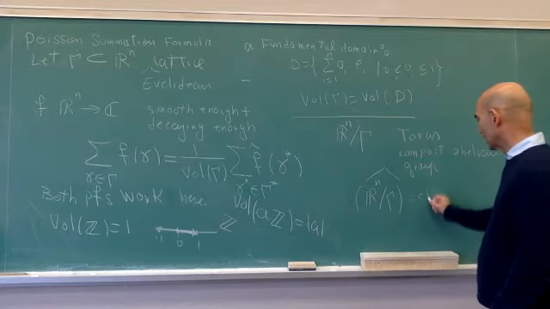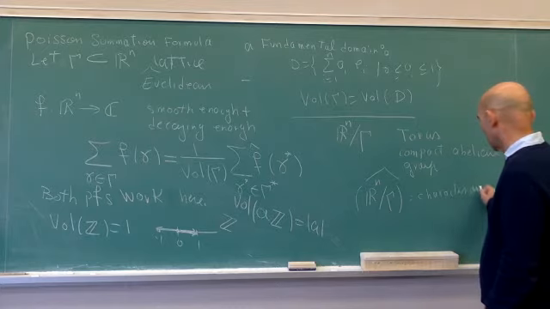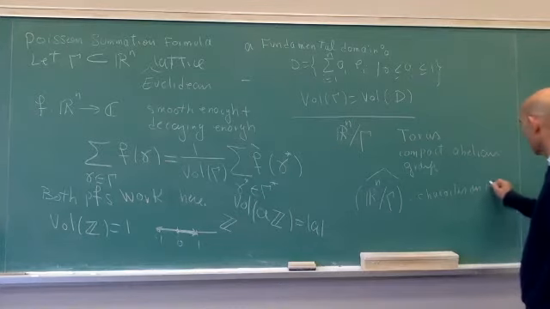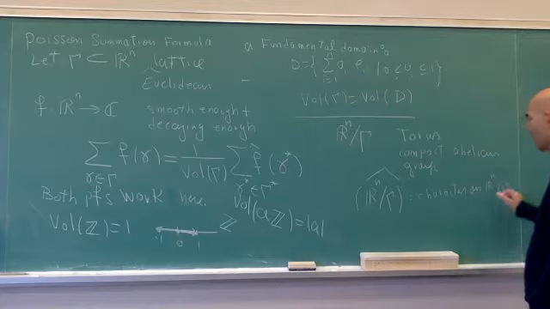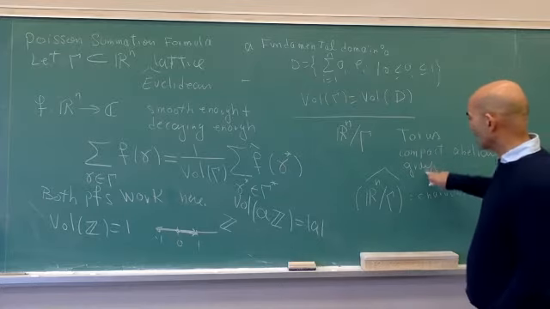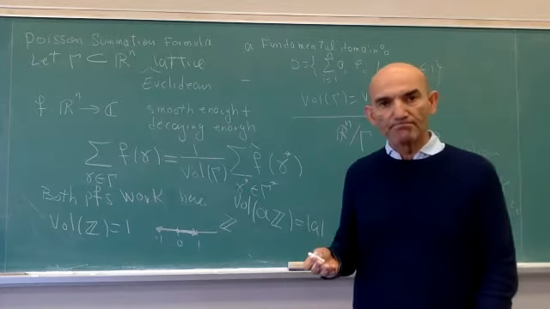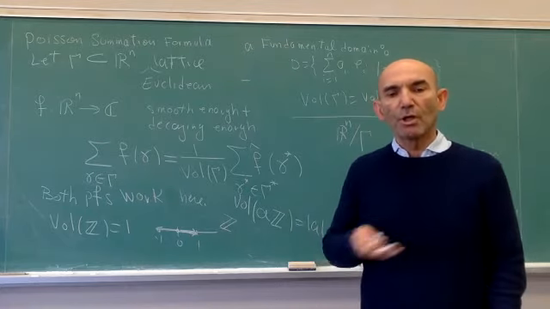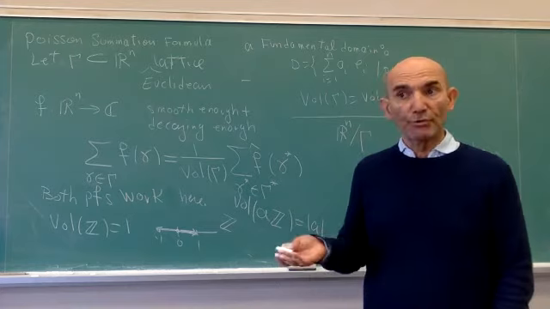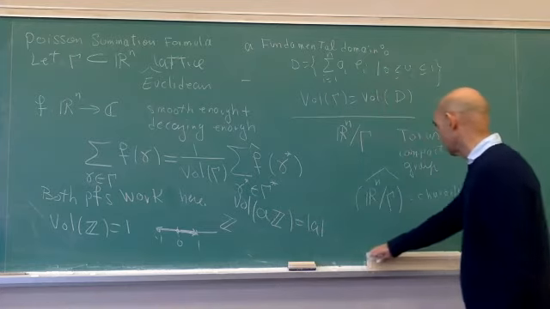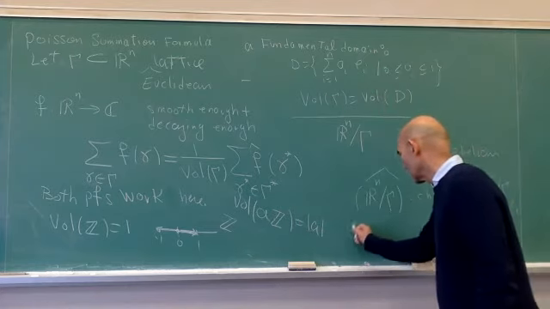So characters on this, well, this is a compact abelian group. The space of characters is a discrete space, which is the set of one-dimensional unitary representations. Let me tell you what this is.